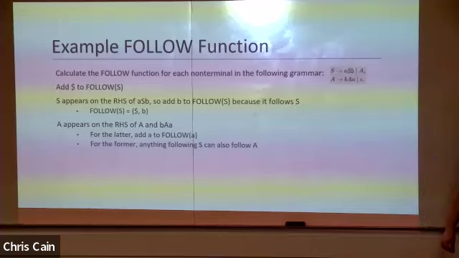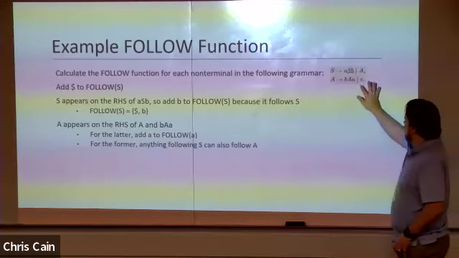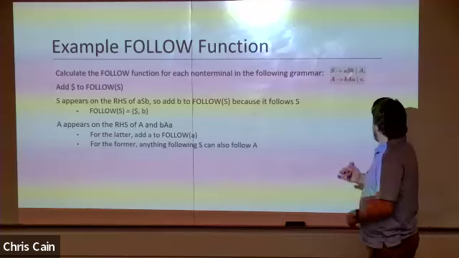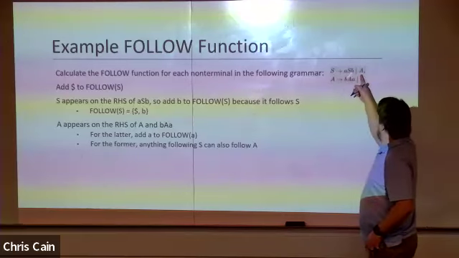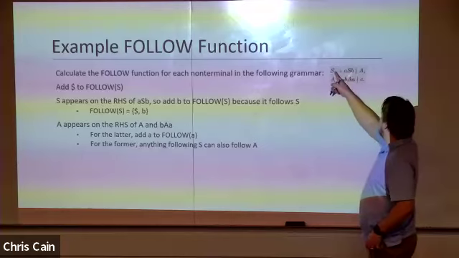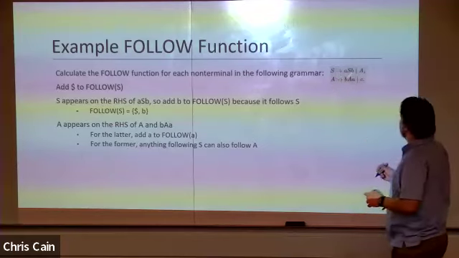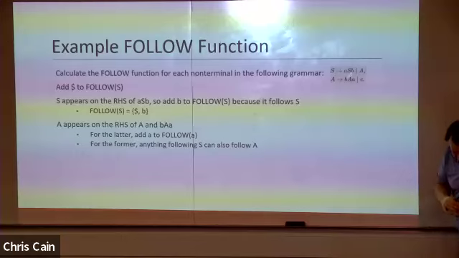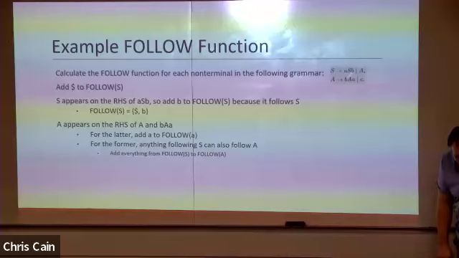For the former, anything that follows S can also follow A, if that makes sense. So we're going the other way around now and saying that, since A can be immediately derived from S, whatever follows S can also follow A. This says add everything from follow of S to follow of A. So now follow of A is a and b and dollar.